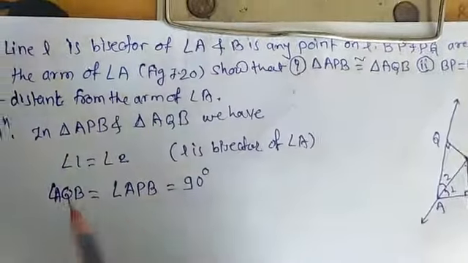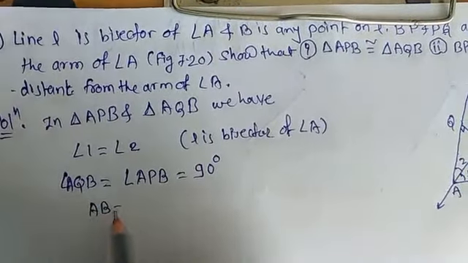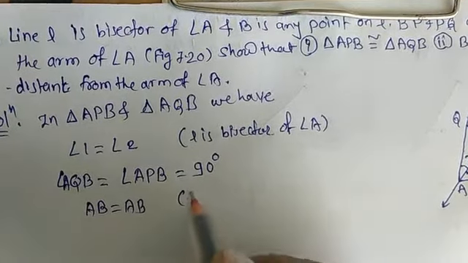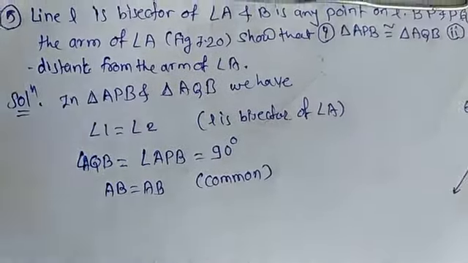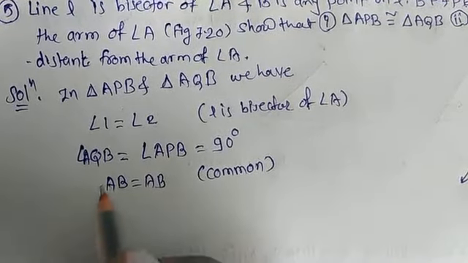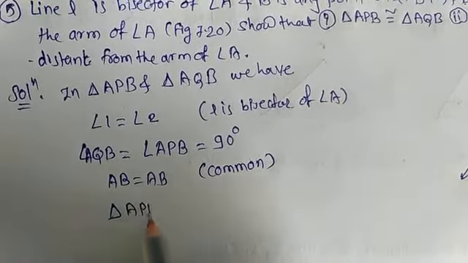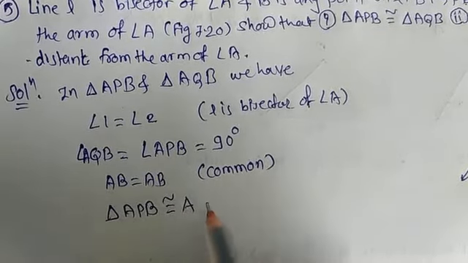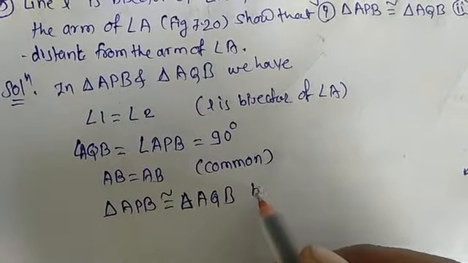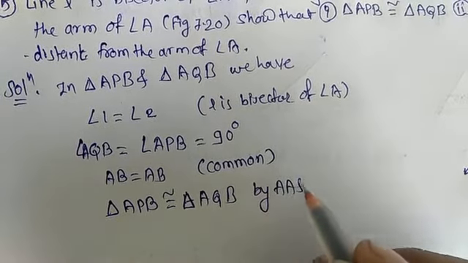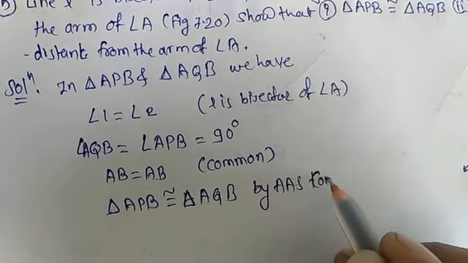AB is a common side. Therefore AB is equal to AB. Okay, so by the AAS test you can say that triangle APB is congruent to triangle AQB by AAS congruence rule.